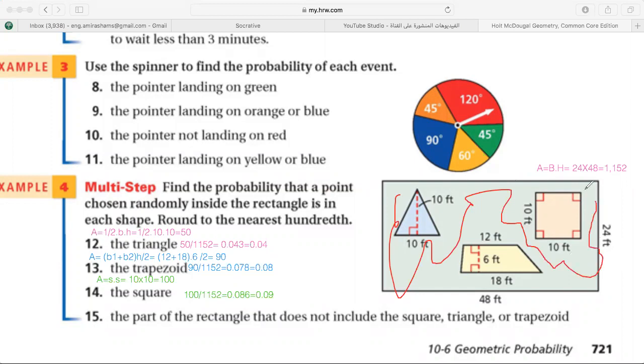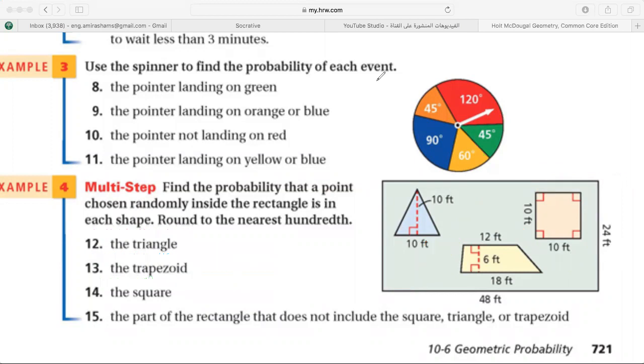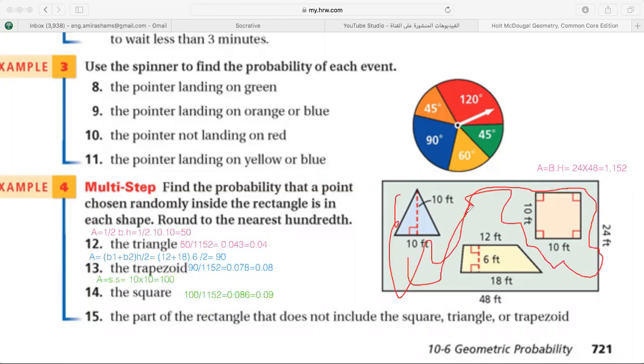In any part, but not in the triangle, not in the trapezoid, not in the square. So what I'm going to do, I'm going to subtract the area of the triangle, the area of the trapezoid, and the area of the square from the total area of the rectangle to get the green area here.